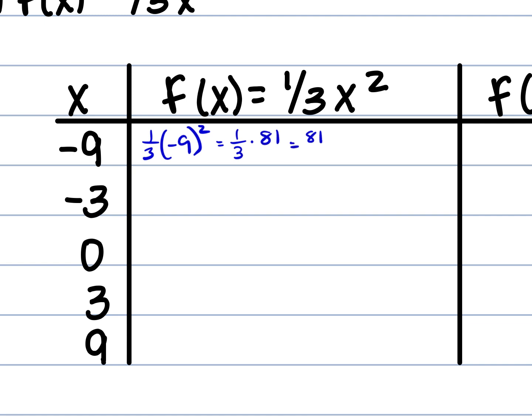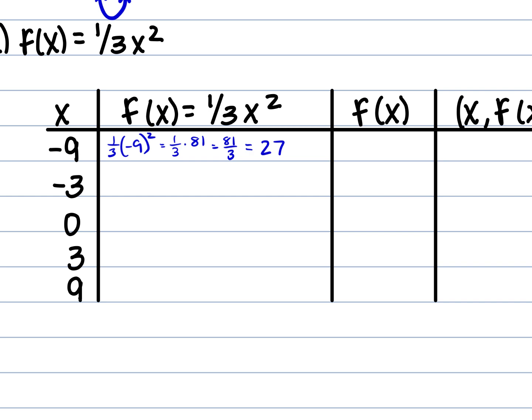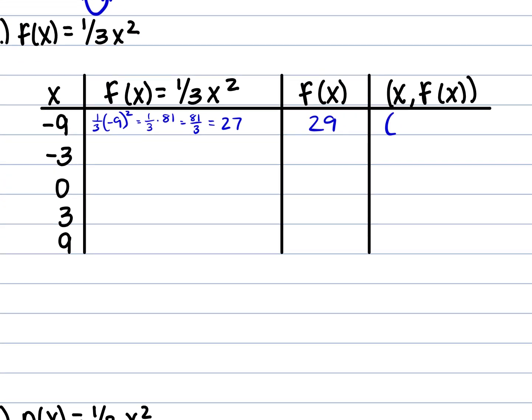So this would be 81 over 3. What's 81 divided by 3? 27. So our point here would be what? Negative 9, comma 27.